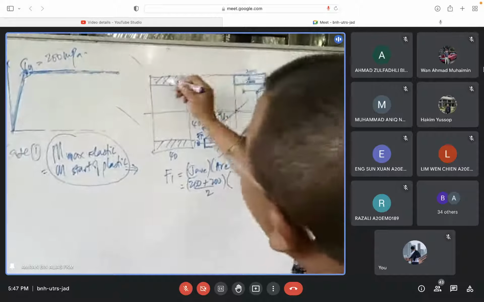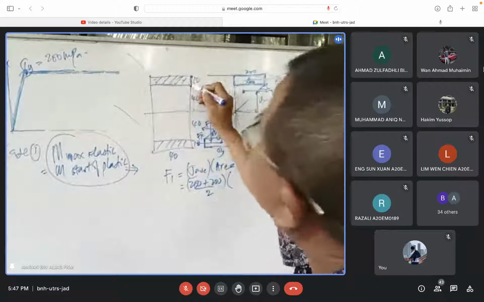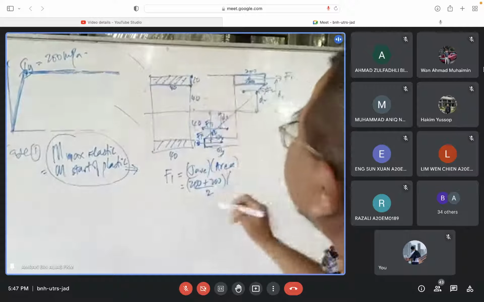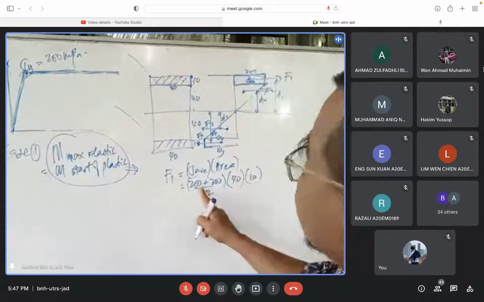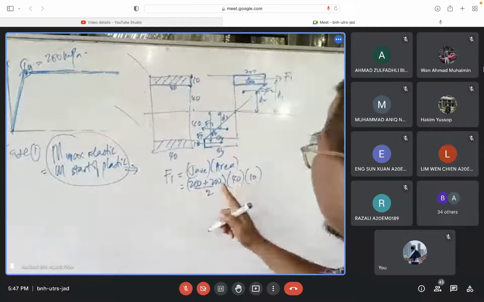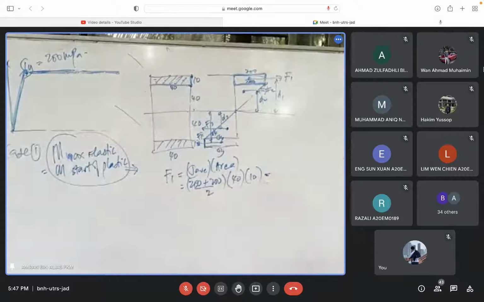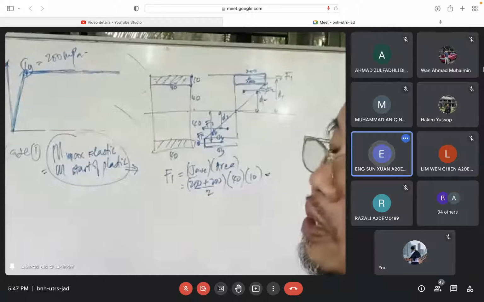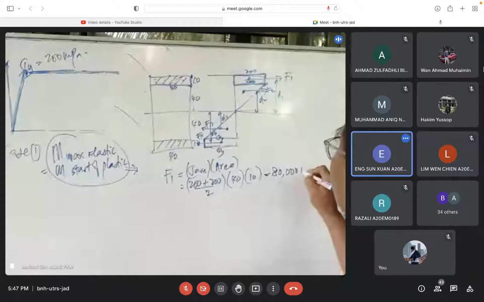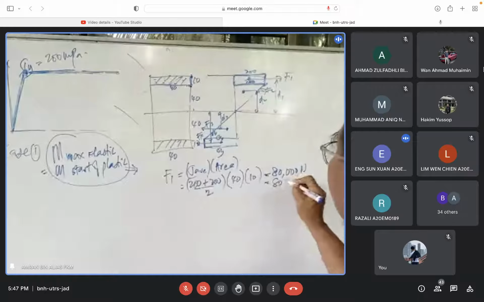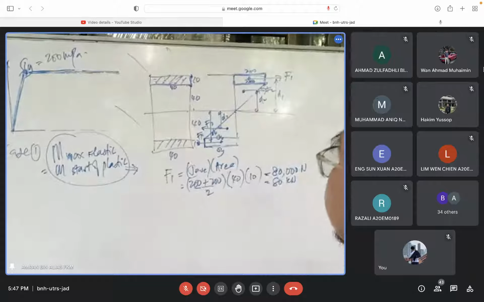The area is that one, 40 times 10. Milli cancels out with mega. So what is the value there? 80,000 Newton, so write down 80 kilo Newton.